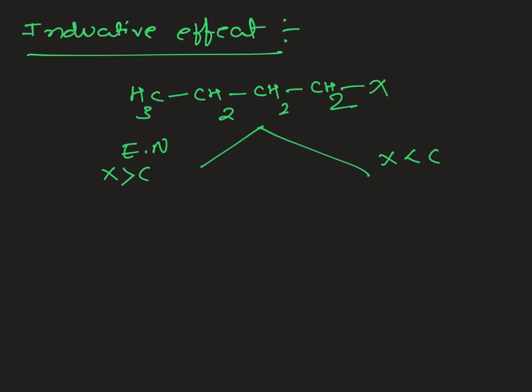Let's take case 1, where X is more electronegative than carbon. I am taking X as chlorine or fluorine. Chlorine is more electronegative than carbon. Carbon electronegativity is 2.55 on the Pauling scale and chlorine electronegativity is 3.16, so chlorine is more electronegative than carbon.